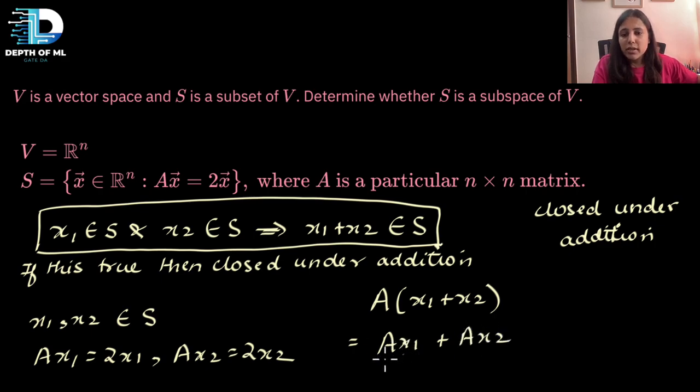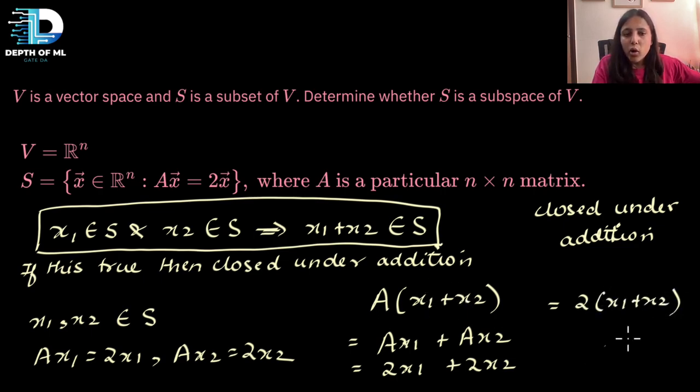Now what is Ax1? Ax1 is nothing but 2x1. So I have 2x1 plus 2x2. Now this is nothing but 2 times x1 plus x2. Okay, so I started with x1 plus x2 and I got the desired form. So A times x1 plus x2 gives me 2 times x1 plus x2. Now if this were a vector y, then you can write it as 2y. Okay, so this is of the same form as the vectors that exist in S. Therefore, this is true. Hence, S is closed under addition.